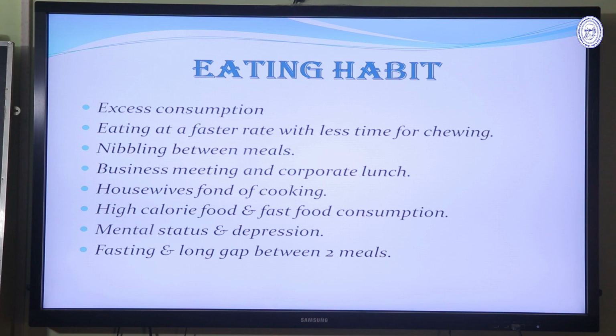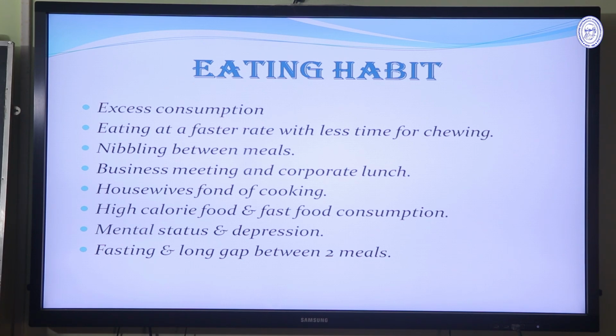Eating habit is another important factor that plays a very important role in obesity. Excess consumption, eating at a faster rate, nibbling between meals, snacking, all the habits increase obesity. Excess consumption and consumption at a very faster rate, taking less time for chewing, actually increases the amount of food consumption.